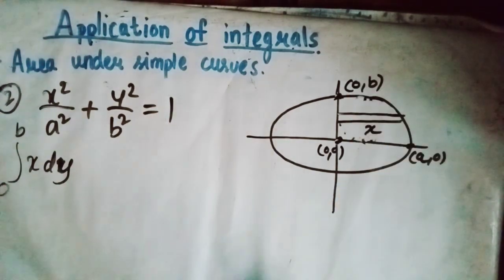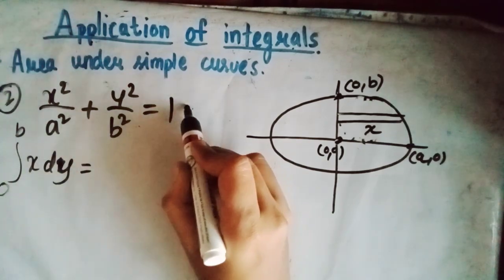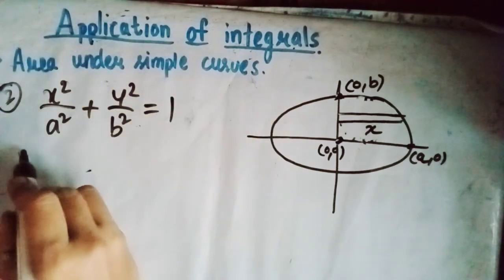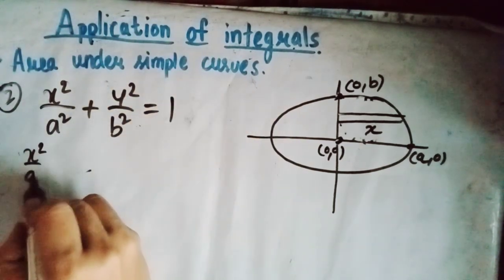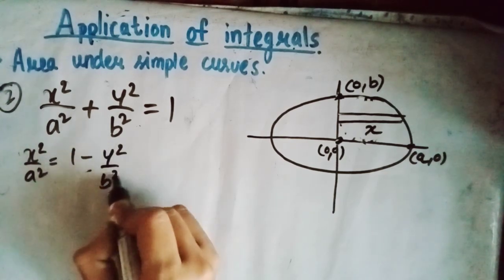We are changing with respect to y, so you need x from this. What is x? I will write here: x square upon a square is 1 minus y square upon b square.